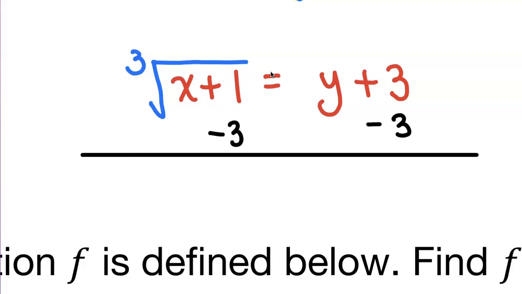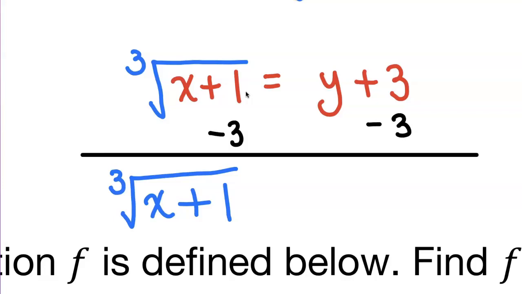You can't really subtract 3 from inside of the cube root, so the only thing you'll be able to do is just write it after it. So there was cube root of x plus 1, right? But outside that cube root is where you will put minus 3, okay? You cannot put that inside. Make sure that stays outside, okay?